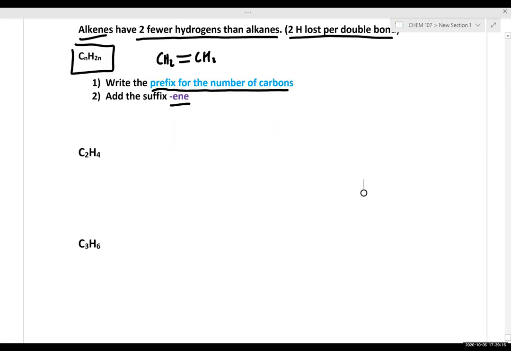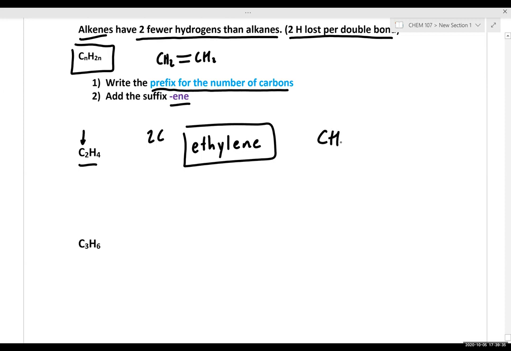So for example, C2H4: we have 2 carbons, so we use the eth prefix, and then we add the ending ene. So C2H4 would be known as ethylene. And that looks something like this.